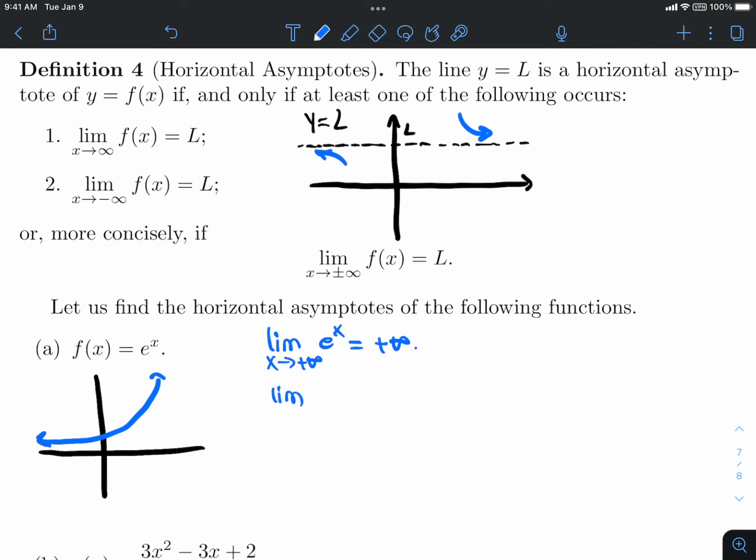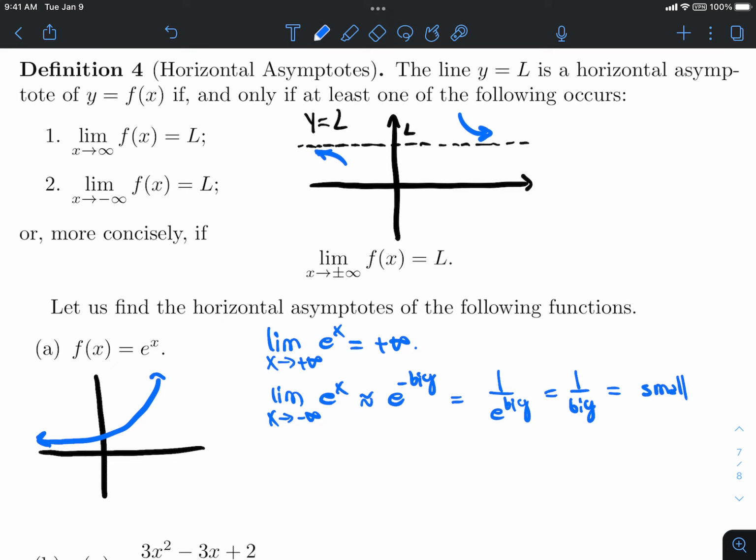If you look at the left side, e to the x, you can think about it that way: e to minus something big, that's 1 over e to something big. So that means the bottom is really, really big. That's 1 over something big. So that's just something very small.